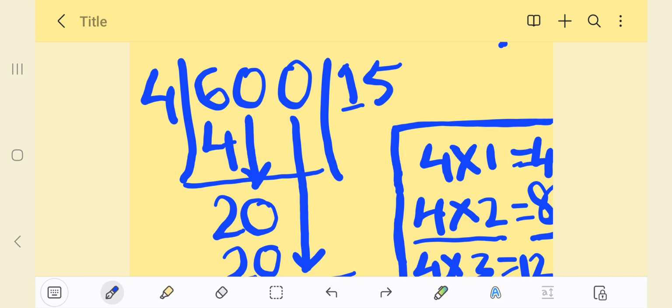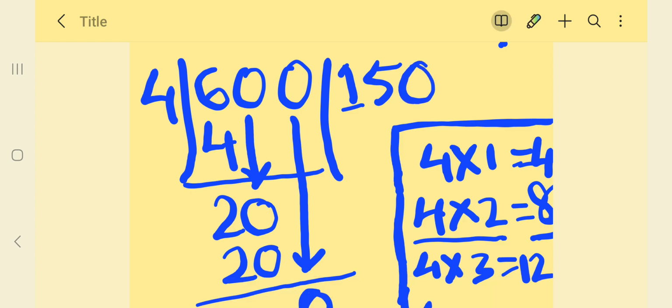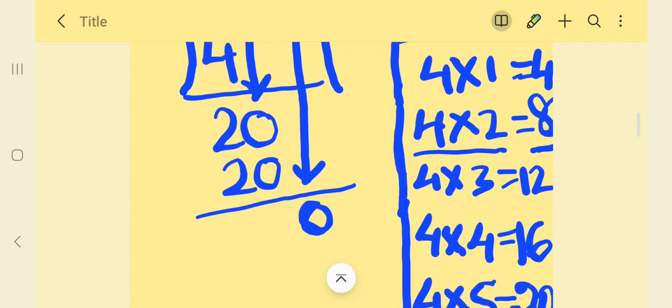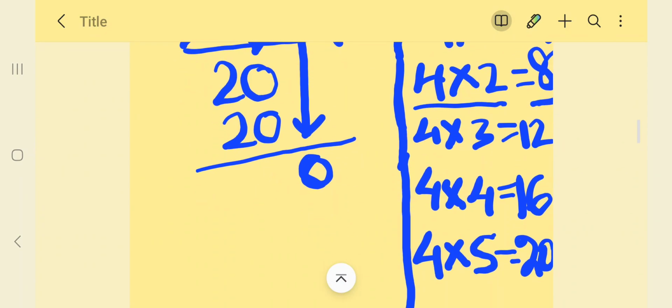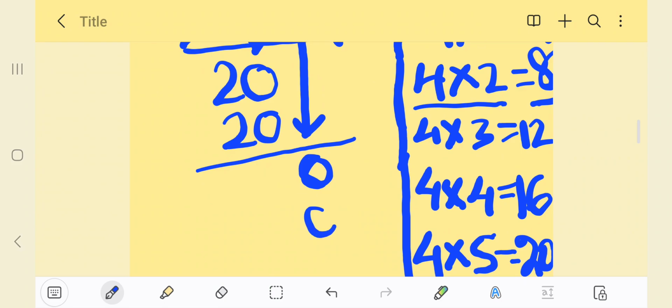So to get 0, we know that anything multiplied by 0 is equal to 0, meaning 4 times 0, then we get a 0 here. Why are we doing this? 0 minus 0 equals 0.